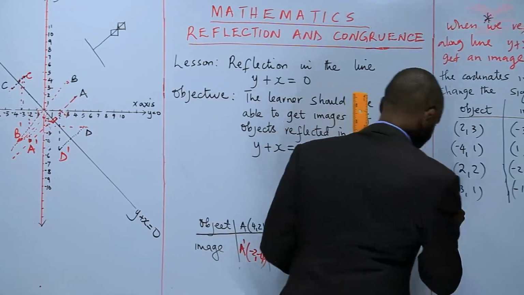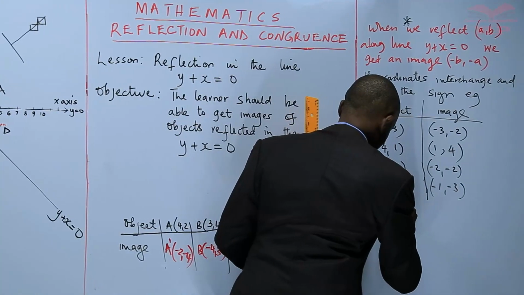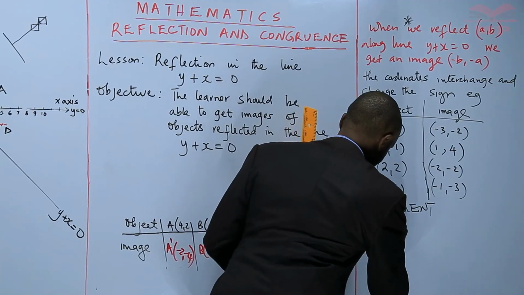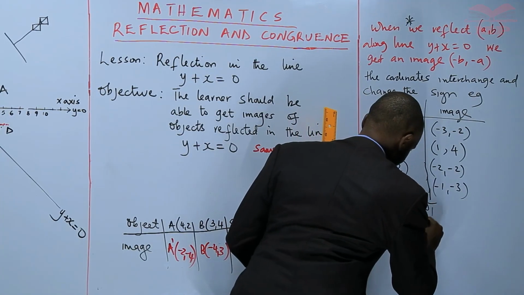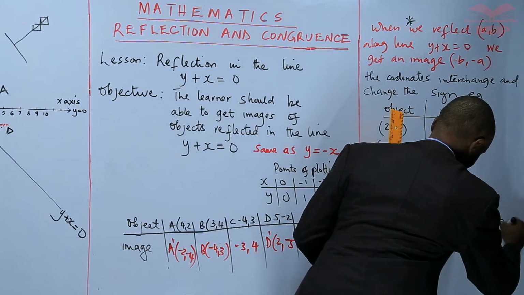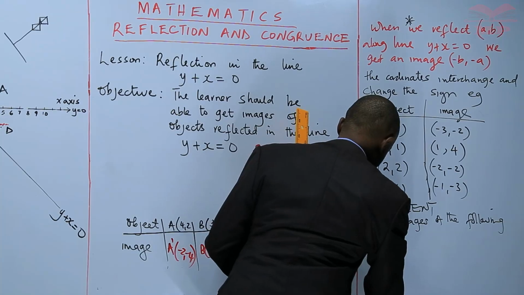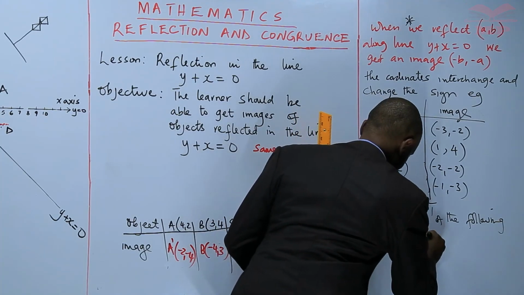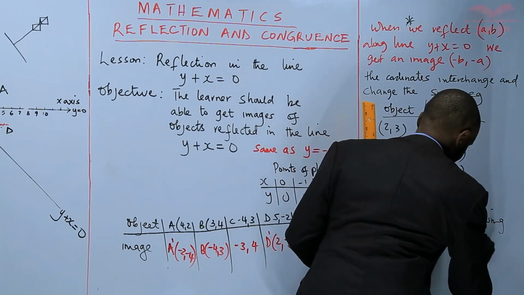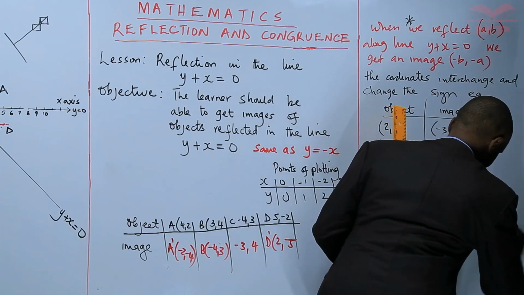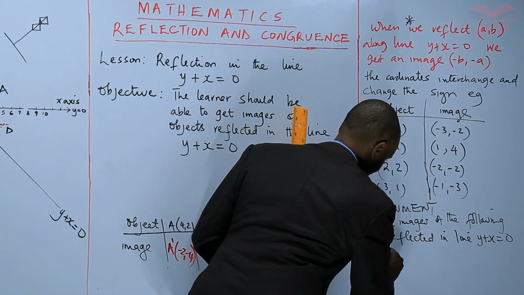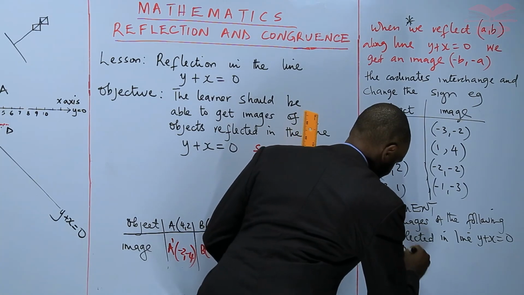So for the exercise assignment, find the images of the following when reflected in line y plus x is equal to 0. A, P, 3, negative 4.